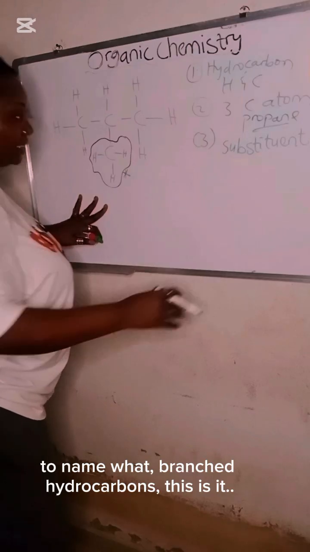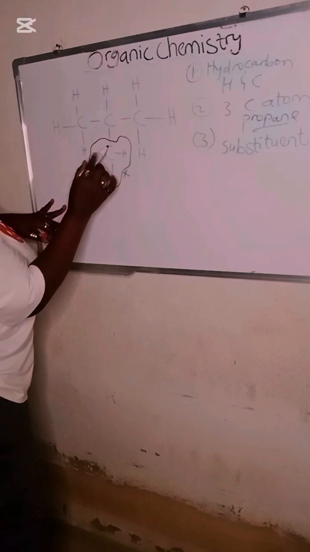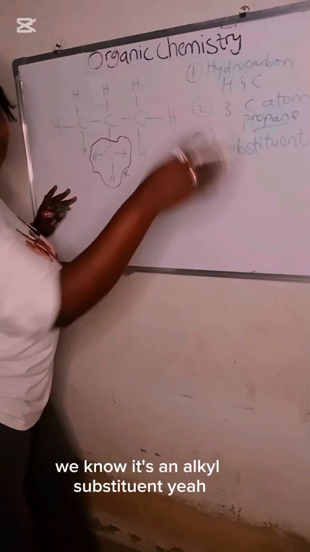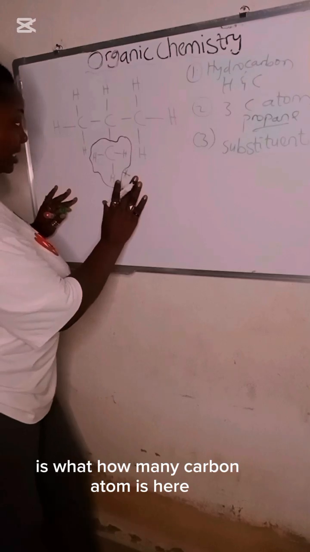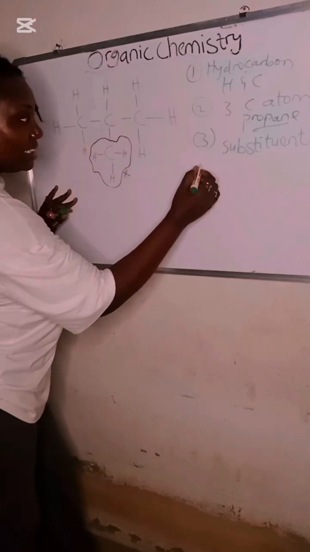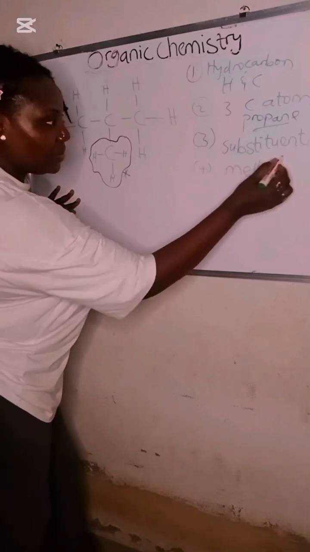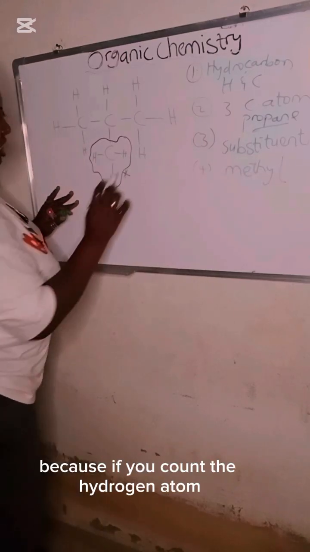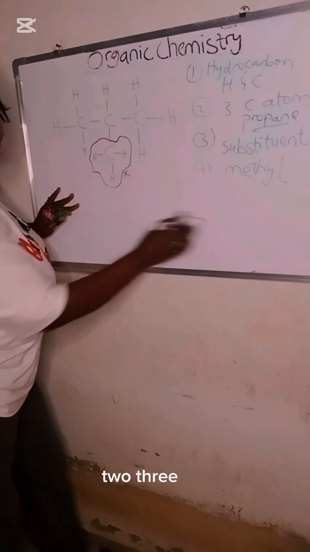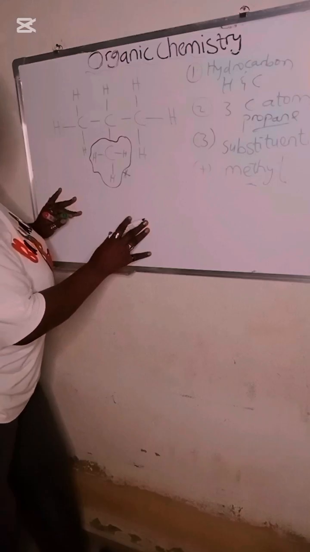Branched hydrocarbons. This is it. This substituent is what? We know it's an alkyl substituent. How many carbon atoms are here? 1. That is 1. So it's what? Methyl. Because if you count the hydrogen atoms that surround the carbon, how many? 1, 2, 3. This is a methyl. Methyl substituent.